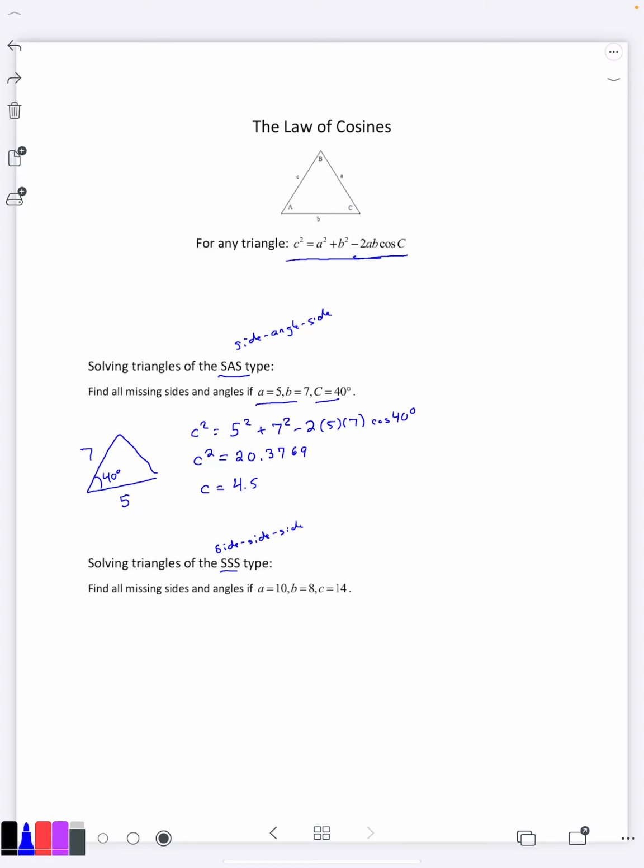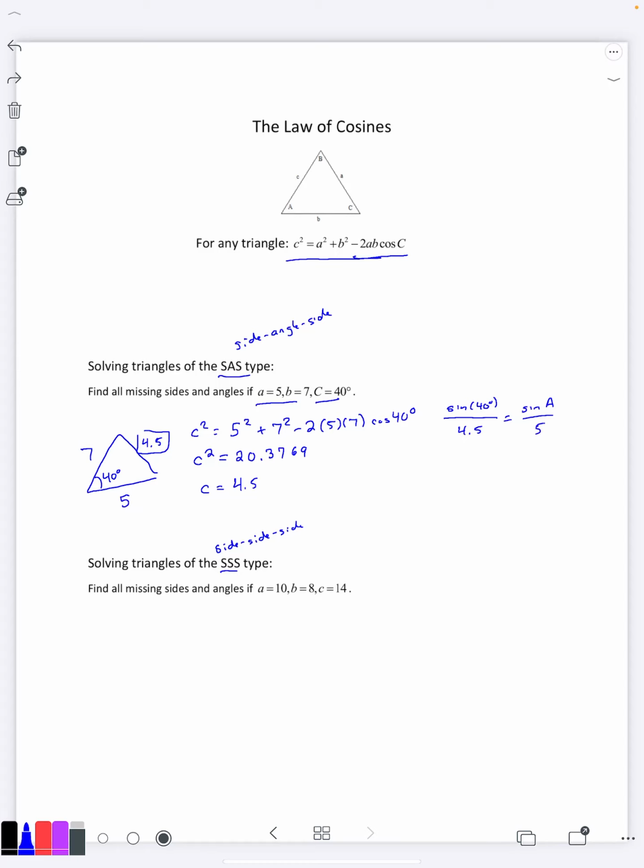So we found the missing side of this triangle, and once we have that missing side, then we can go ahead and finish the two angles that are missing. And we could use the law of cosines to find the angle, but we can also use the law of sines now. So I can do sine of the angle 40 divided by the side opposite, which is 4.5, is sine of angle A, let's say, over the opposite of A, which is 5.